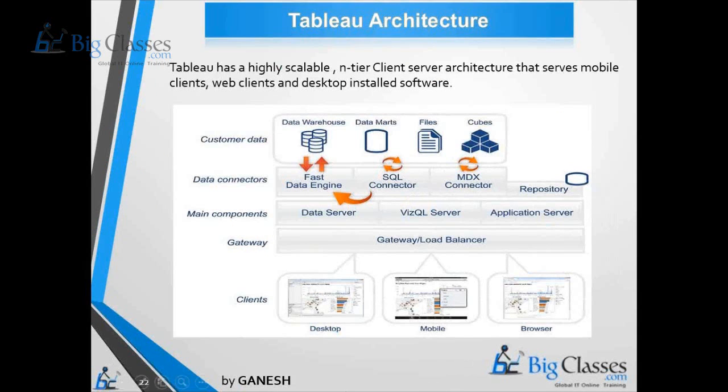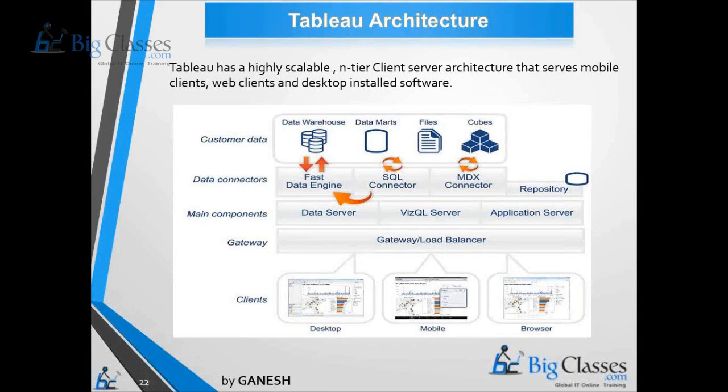As I mentioned, we have the Tableau desktops, and we can distribute to Tableau mobiles and so on, where we have a gateway like load balancing. All this is done at a backend level and maintained by the Tableau admin.